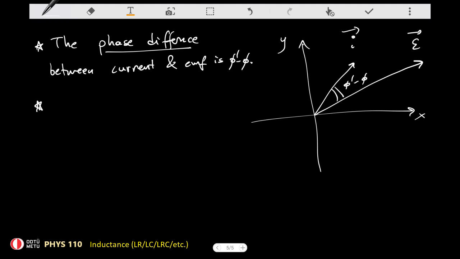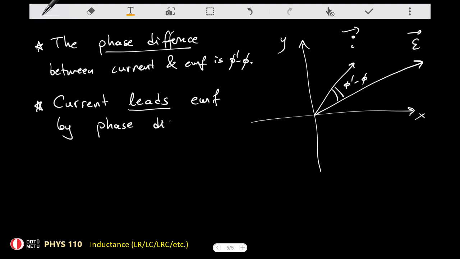It's actually a time difference, but of course this doesn't explain which one is ahead and which one is behind. We say that current leads EMF by phase difference phi prime minus phi.